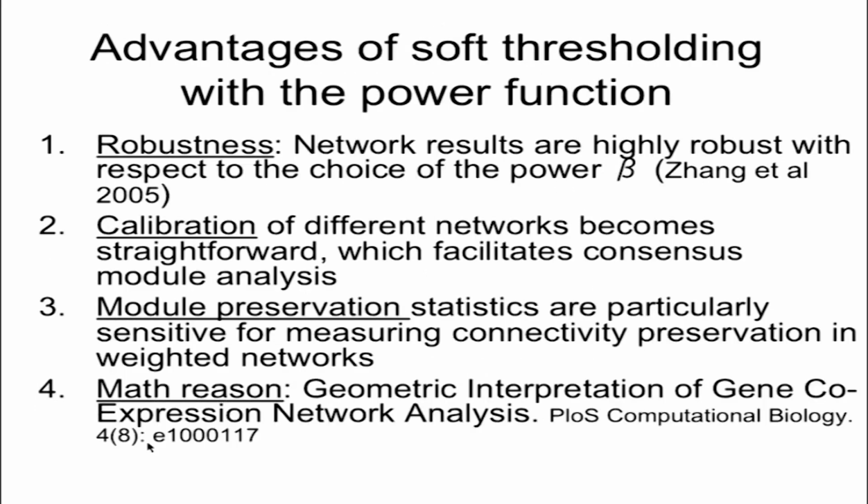All right, coming to the advantages of soft thresholding. I mentioned robustness. Now I want to highlight a few other reasons. Another major advantage of weighted networks is that they allow you to calibrate the networks. What do I mean by that? Imagine you have 8 different lung cancer data sets from different labs measured on different array platforms, and you want to combine the data.